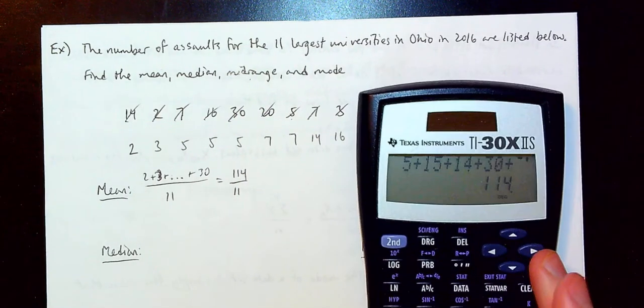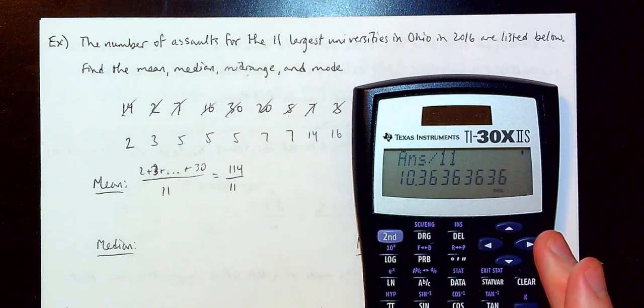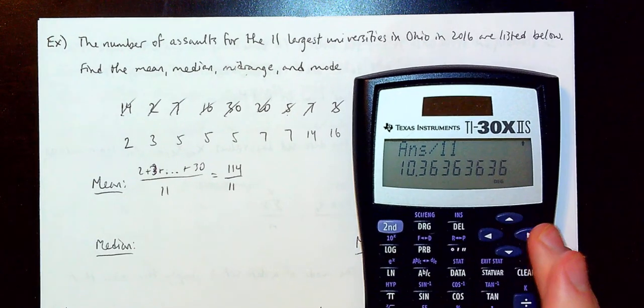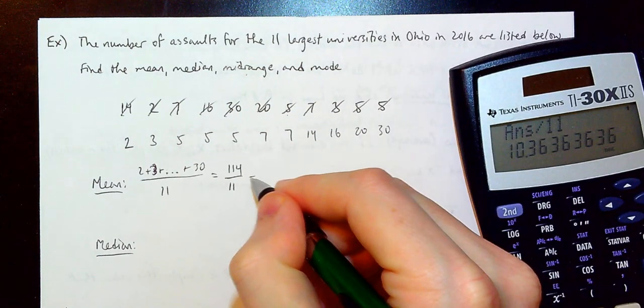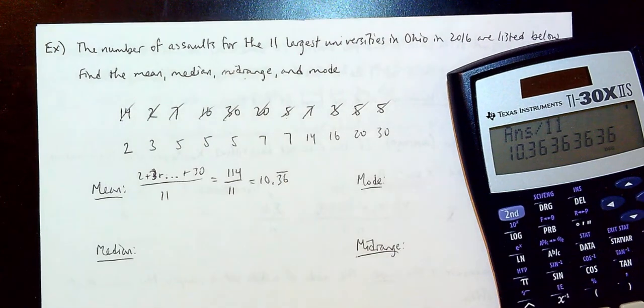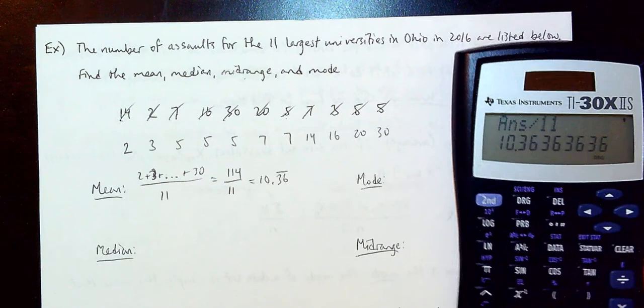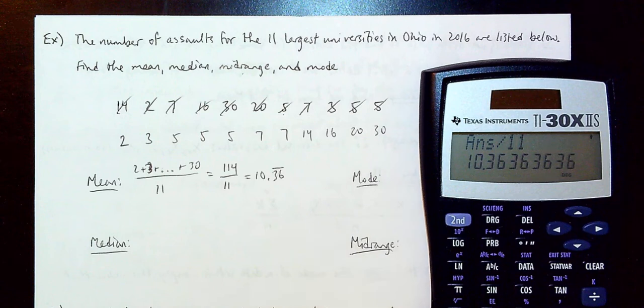And if you do 114 divided by 11, you get approximately 10.363636. And that pattern of 3, 6 repeats. The question may specify to round to some certain number of places. If it does specify, then round as they require.